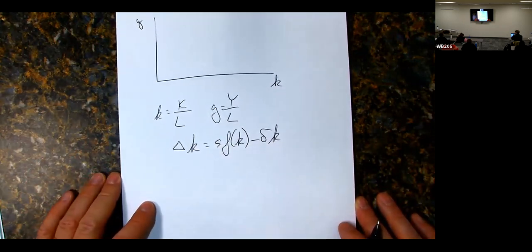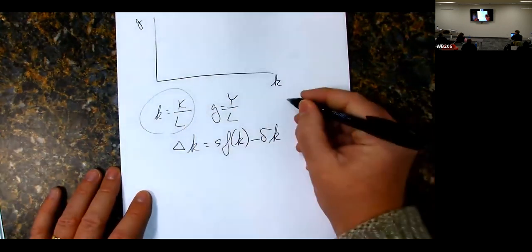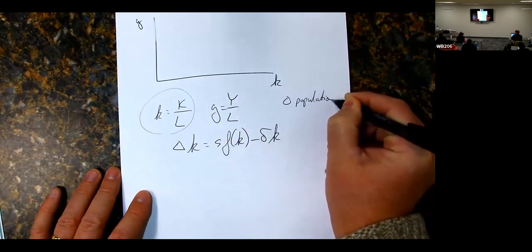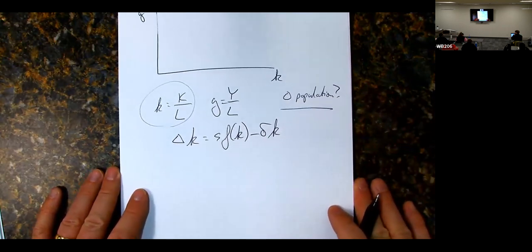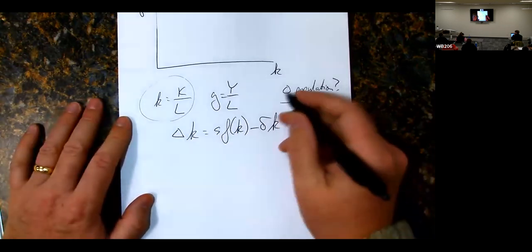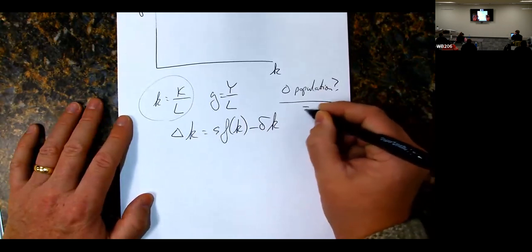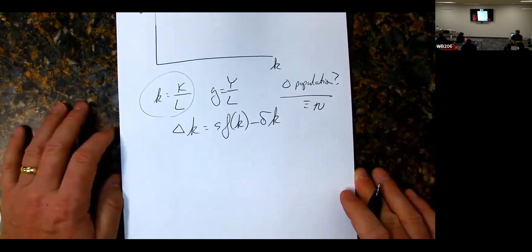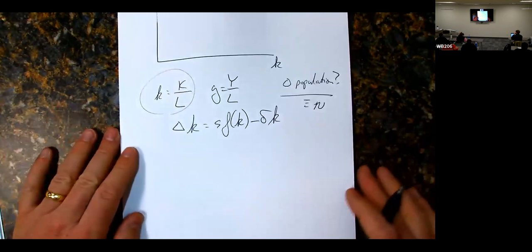Well, how do we change this to take account of changes in population? Because it's not only capital that can change, population can also change. We're gonna give population the label N. So if we change N, it's gonna change the K over L relationship.